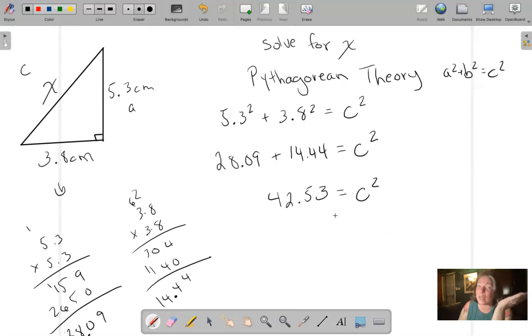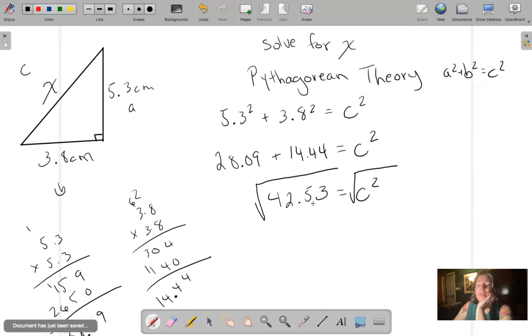I don't want c squared. I need c. So I have to find the square root of both sides. If I'm finding the square root of both sides, then the square root of 42.53 equals c.